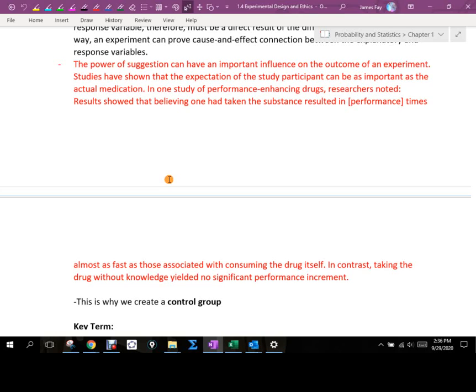Because you know what you're getting, that's going to create psychological effects that are detrimental to the study, but they might negate the actual improvement that the aspirin gives, or they might negate the psychological aspect that we're trying to study or recognize with giving the inert treatment. Does that kind of make sense?